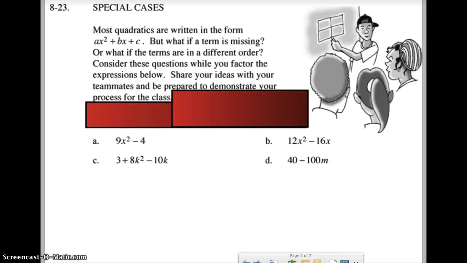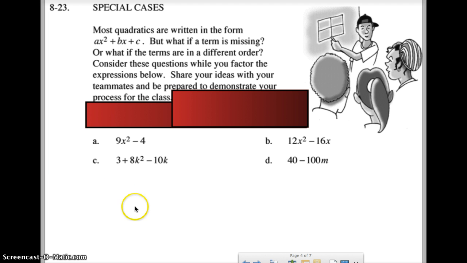So what you're going to do with these, you're still going to use a generic rectangle and diamond problem. Now, for letter A, for example, when you make your generic rectangle and diamond problem, put your 9x squared in the bottom left, so I want you to picture that, go ahead and do that, and then your negative 4 in your upper right. Now there's no x term.